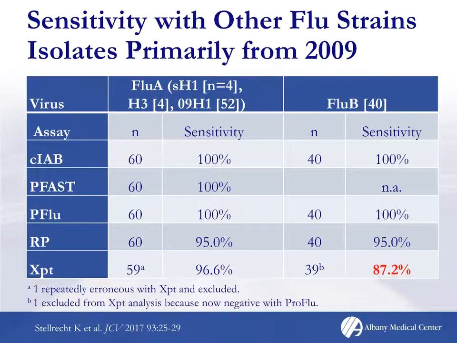And then we pulled out some flu Bs from quite a few different years. And you can see all the assays performed very well with all these different flu A viruses, and only the Xpert had a little bit of a problem with flu B. And this was the previous version of the Xpert assay, not their current one.